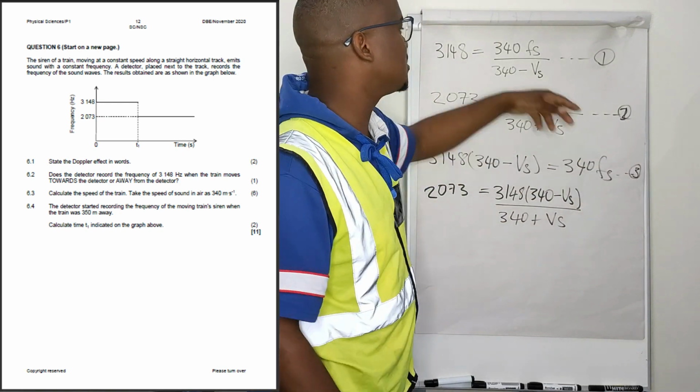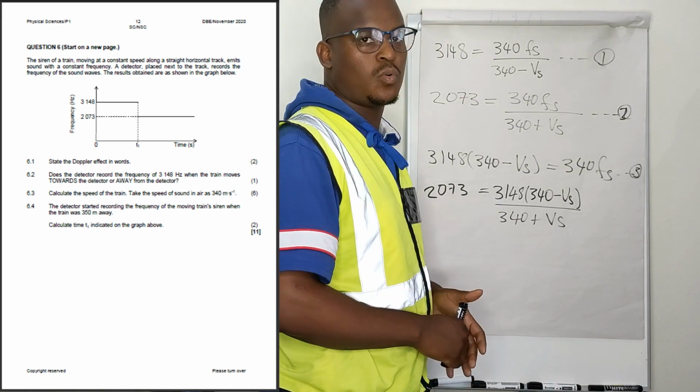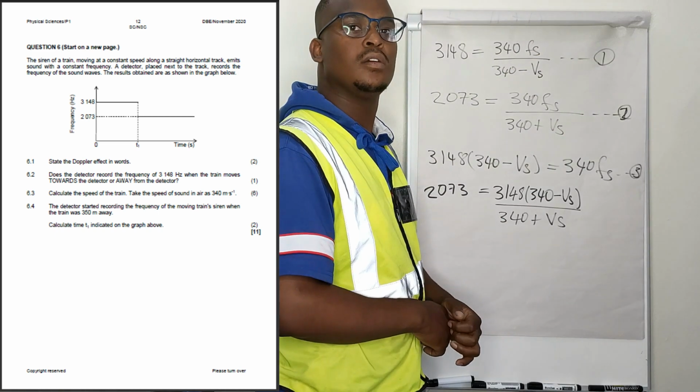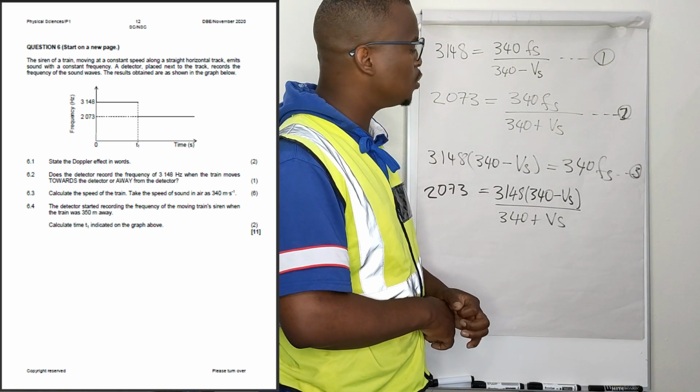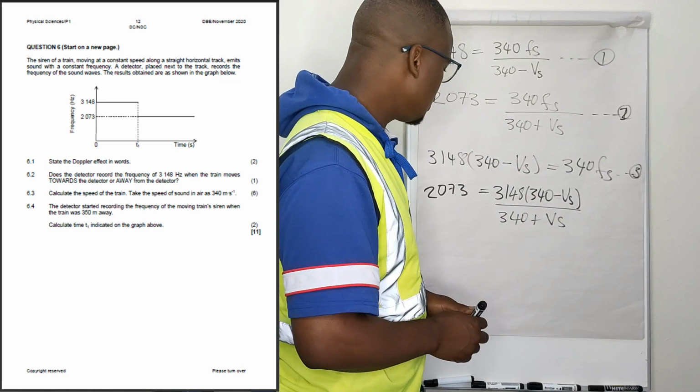The third equation was a simplification of the first one, so it's like substituting the first equation on the second one, but we simplified it further to make it the third one. So what do we do here?